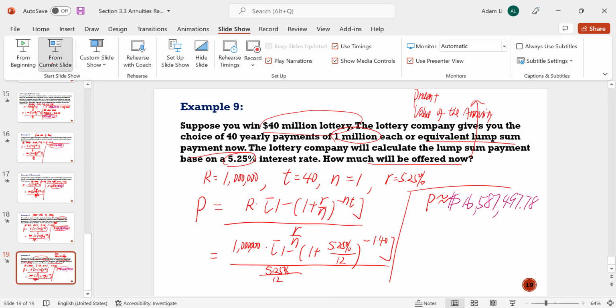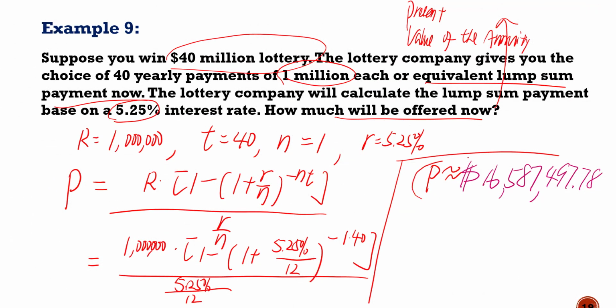And that is the equivalent lump sum, because getting 1 million for 40 years is for most people not a good option.